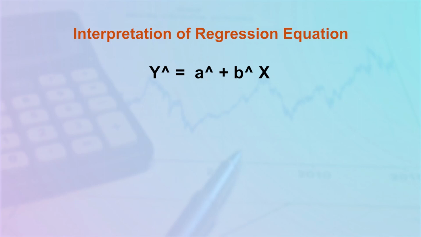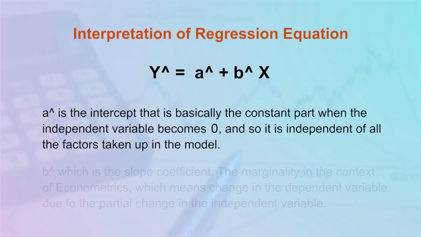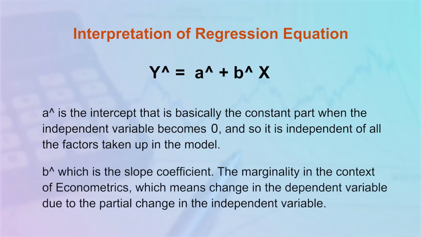X is the independent variable. In the interpretation of this regression model, a hat is the intercept, that is basically the constant part when the independent variable becomes 0, and so it is independent of all the factors taken up in the model. Secondly, we have b hat, which is the slope coefficient.